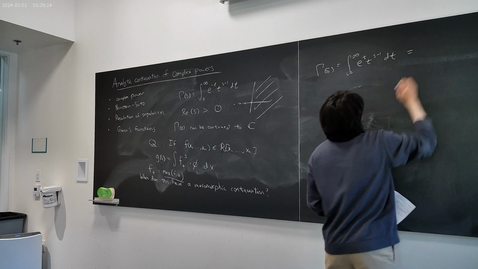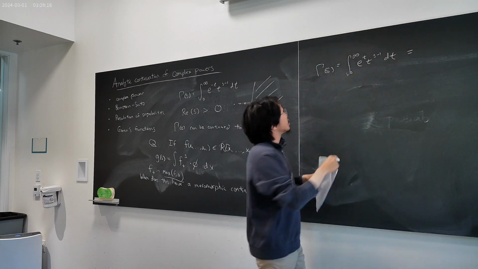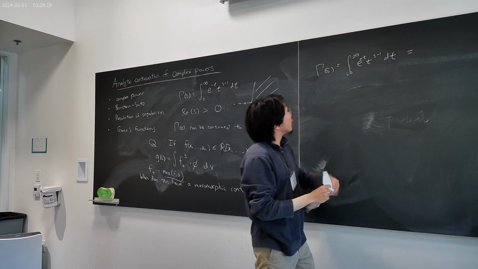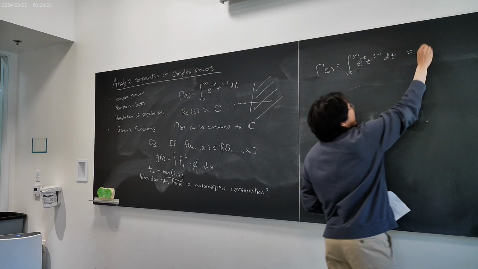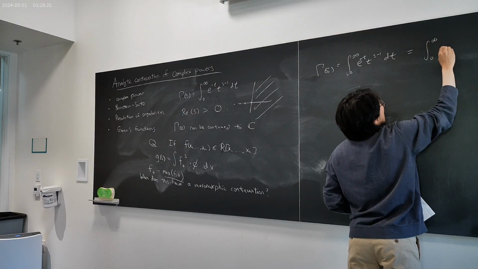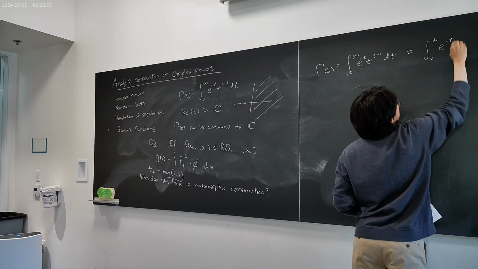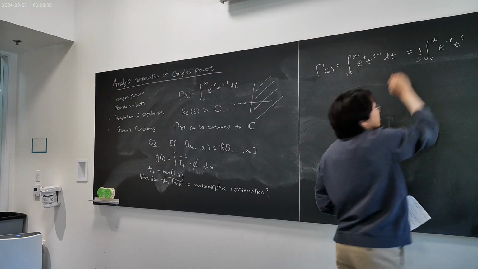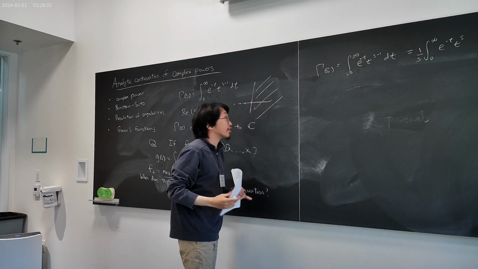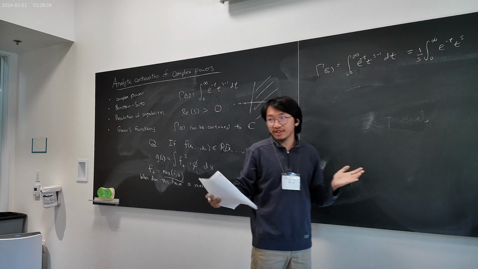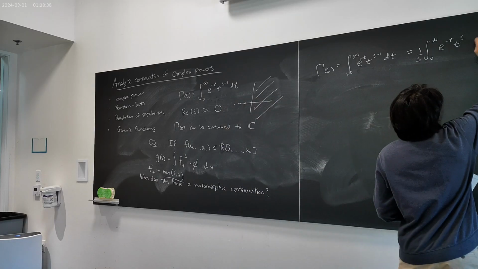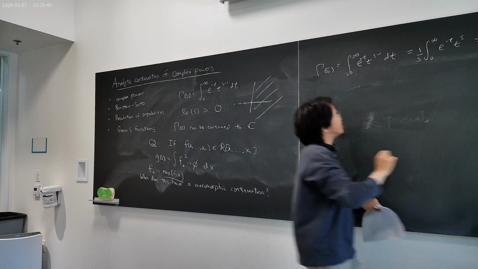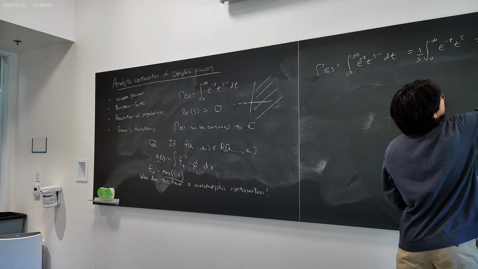If you do so, we differentiate e to the minus t and integrate t to the s minus 1, and we get the integral from 0 to infinity of e to the minus t, t to the s, with a 1 over s back. Now, technically there's a boundary term, but the boundary term will actually be 0. But if you look at this expression, this is nothing but 1 over s times gamma of s plus 1.